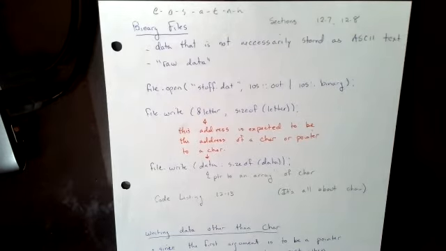So looking at binary files, we're going to start with how do we open them? We're picking up right where we left off with this ifstream or ofstream. When I get ready to open a file, you notice that I not only say to open it up for output, but I also want to write it as a binary file.